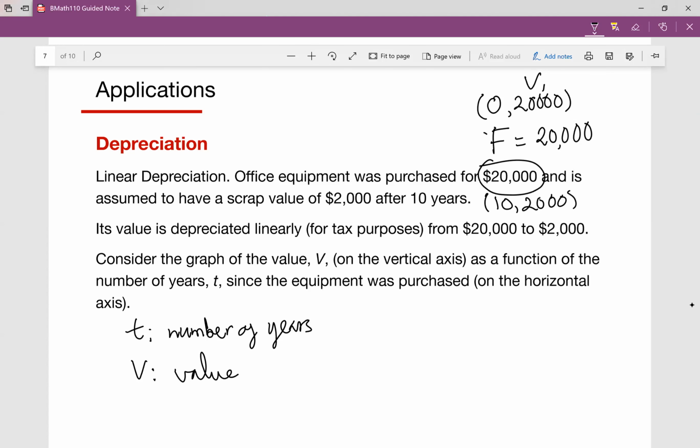Now since T in here is independent and V depends on T, I will say the ordered pair has to be in the form (T, V). So now you should try to find the equation of V in terms of T: V equals MT plus the intercept.